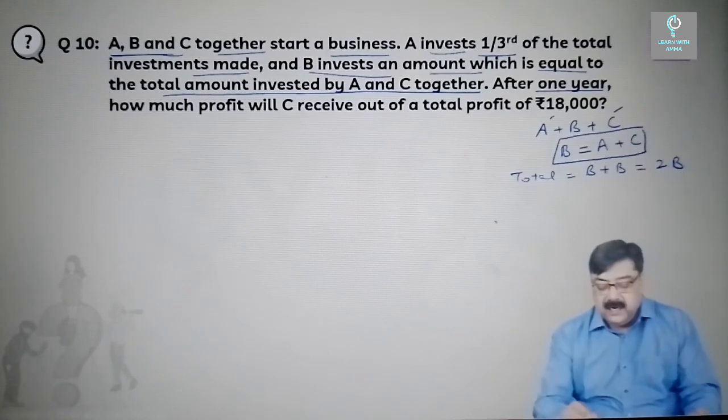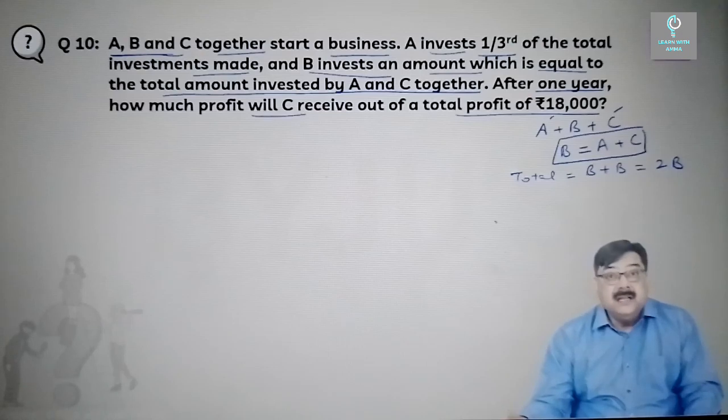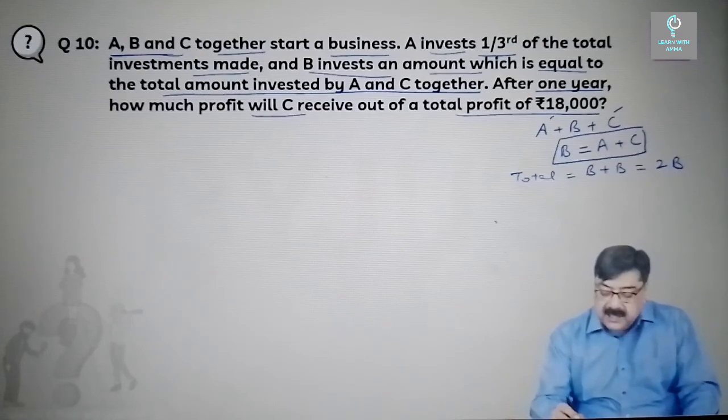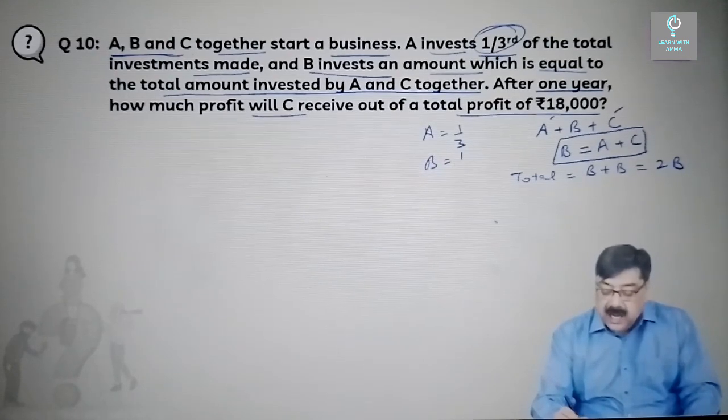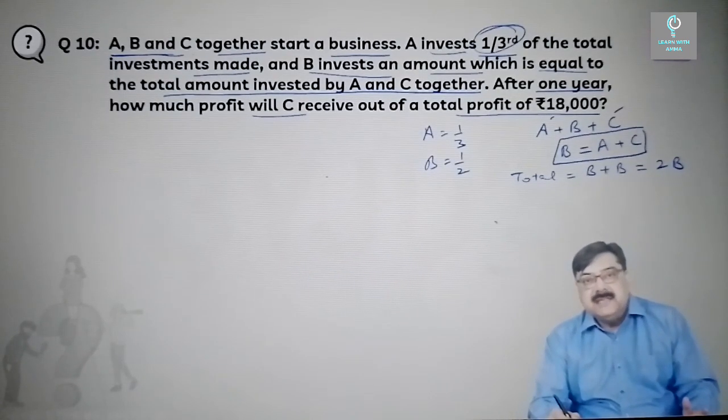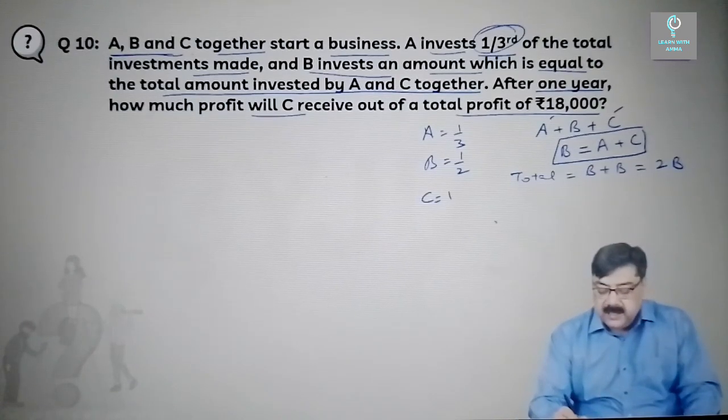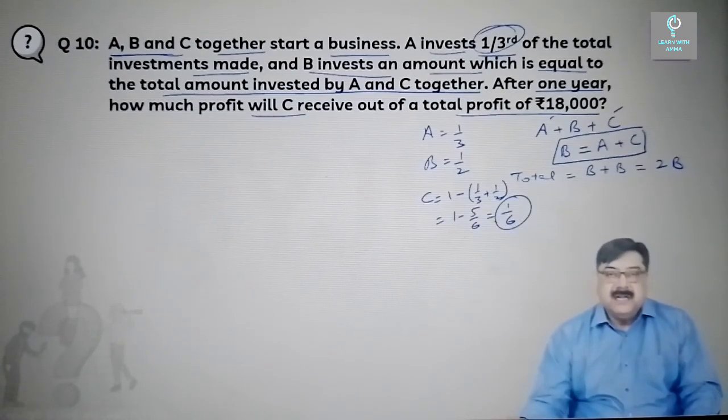So after 1 year, how much profit will C receive out of a total profit of rupees 18,000? Now here A has invested 1/3, B has invested half. So how much will C invest? Well, C's investment is 1 minus (1/3 plus 1/2). That is 1 minus 5/6, which is nothing but 1/6.